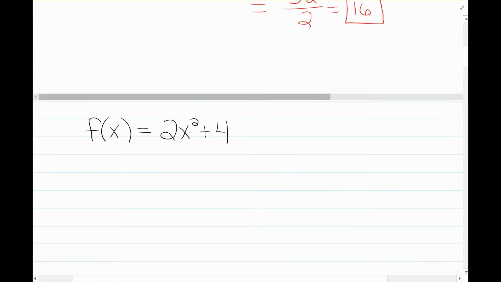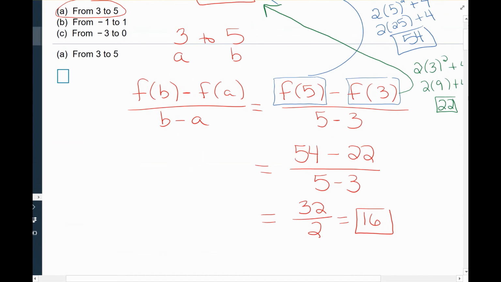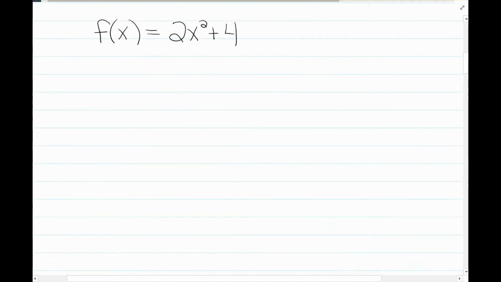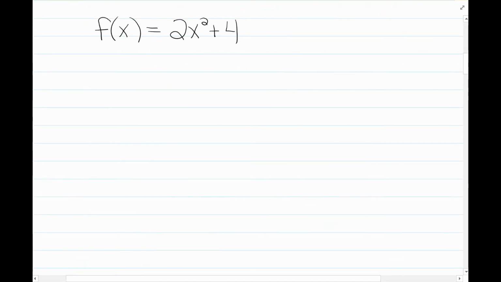And we're trying to go from negative 1 to 1, right? So we're trying to find the average rate of change from negative 1 to 1. So negative 1 is like our A. Positive 1 is our B. So let's fill in our original formula here.